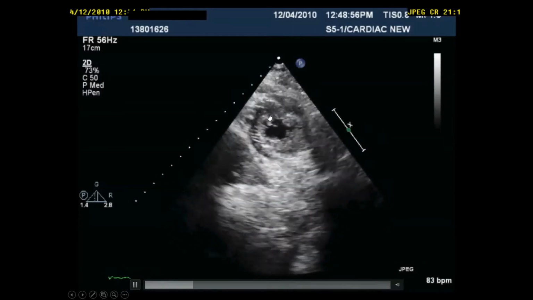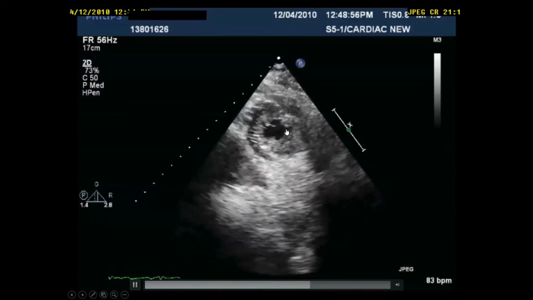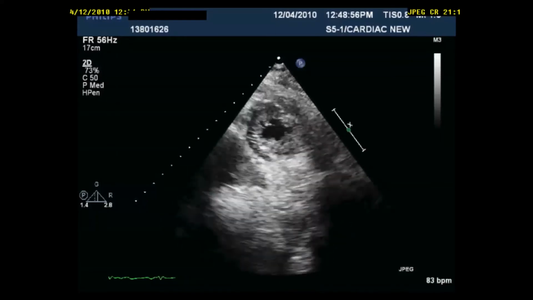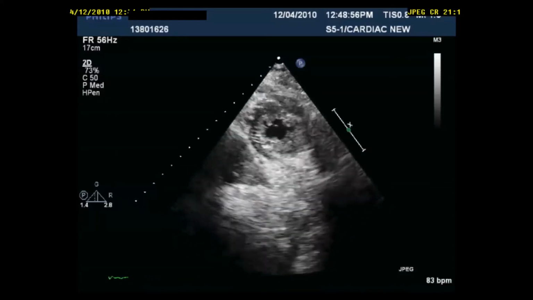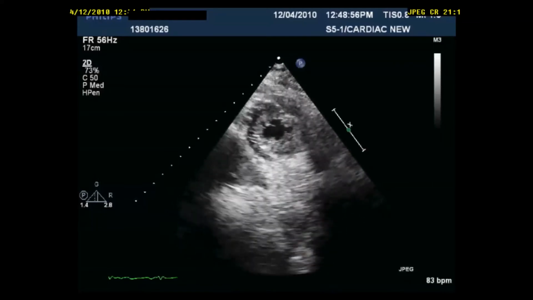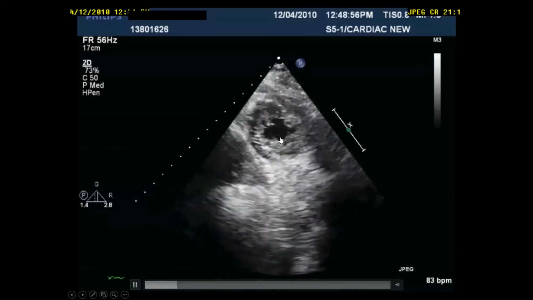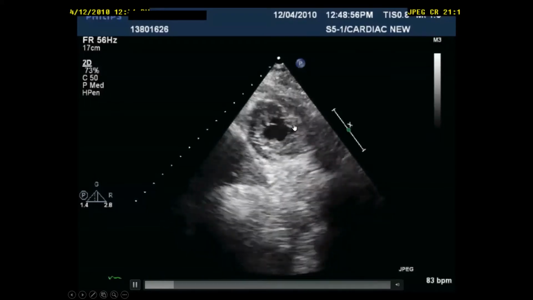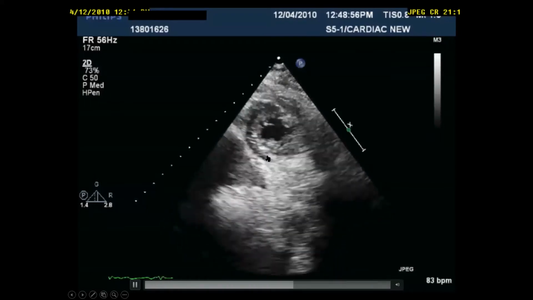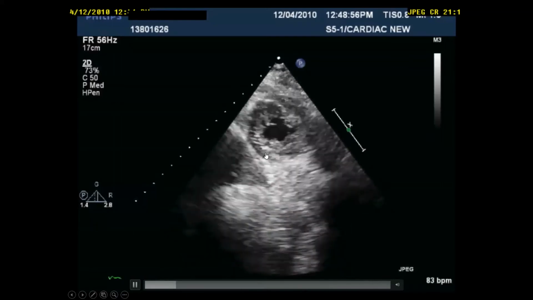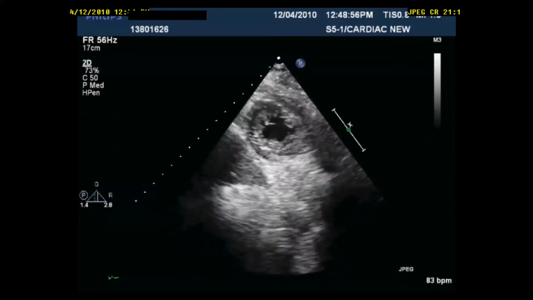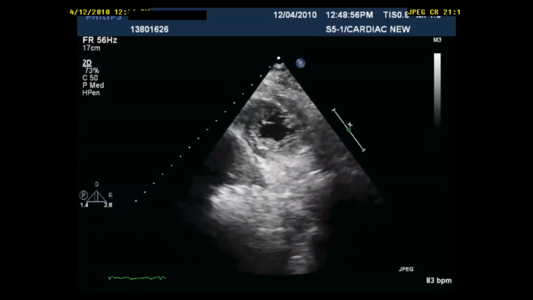I will take the first part. It's hypokinetic, because you cannot say hypokinetic and dyskinetic together. Honestly, sometimes there is a hypokinetic part and a dyskinetic part, but in the apex in particular, the apex goes together. So it's either all hypokinetic or all dyskinetic.